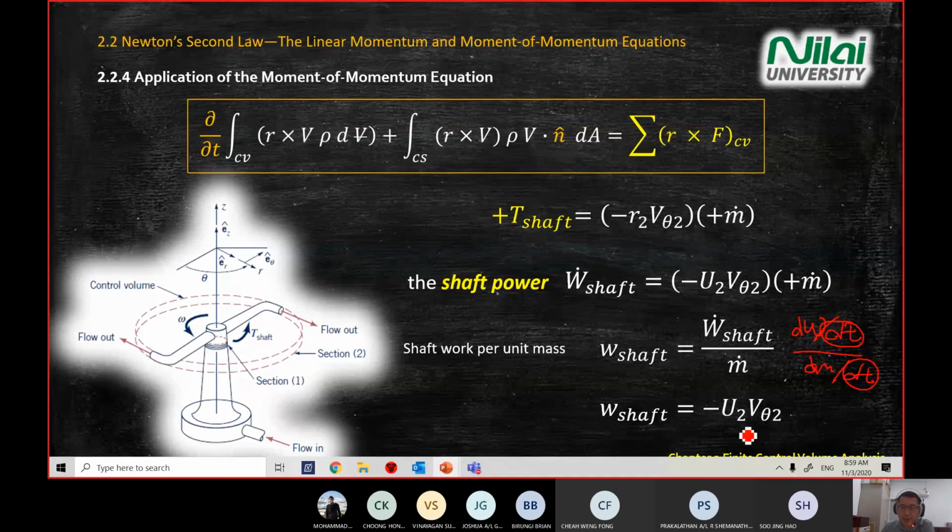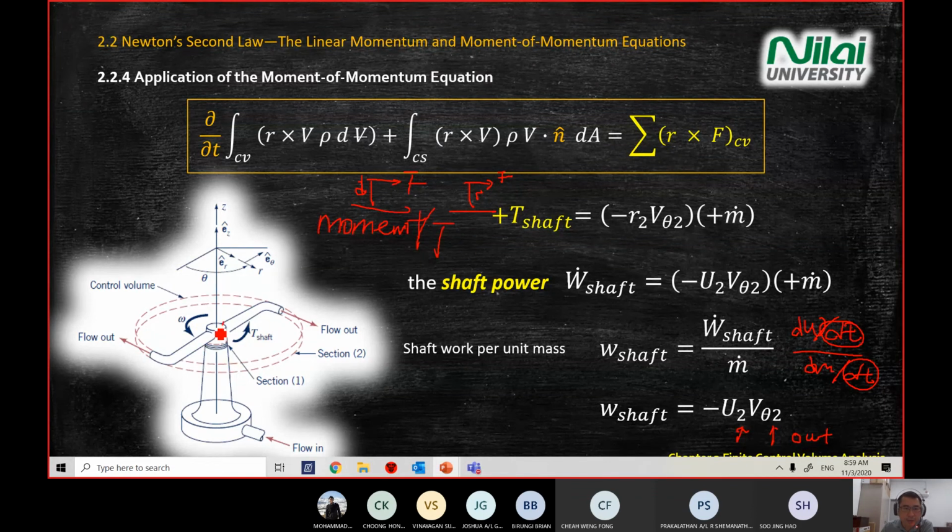And if you can see, we use a subscript of 2 to represent our outlet, or section 2 only. Why do we refer to section 2 only? Because we are referring to moment. How do we get moment or torque? In your physics, F times distance, or in this case, we use R. F cross R, we get torque.